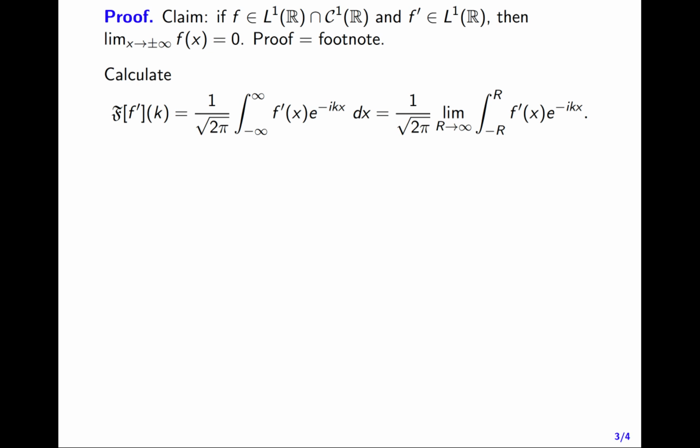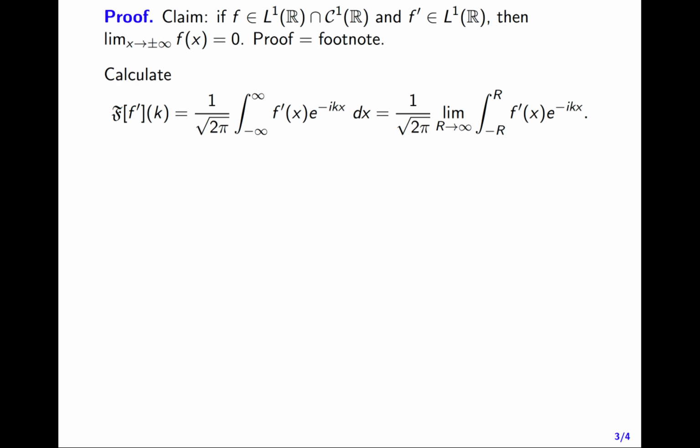So let's calculate what is the Fourier transform of f prime at k. It's 1 over root 2 pi, integral from minus infinity to infinity, f prime of x times e to the minus ikx. Now, f prime is in L1 of R, so f prime times this complex exponential is also in L1. So I can write my integral as the symmetric limit.